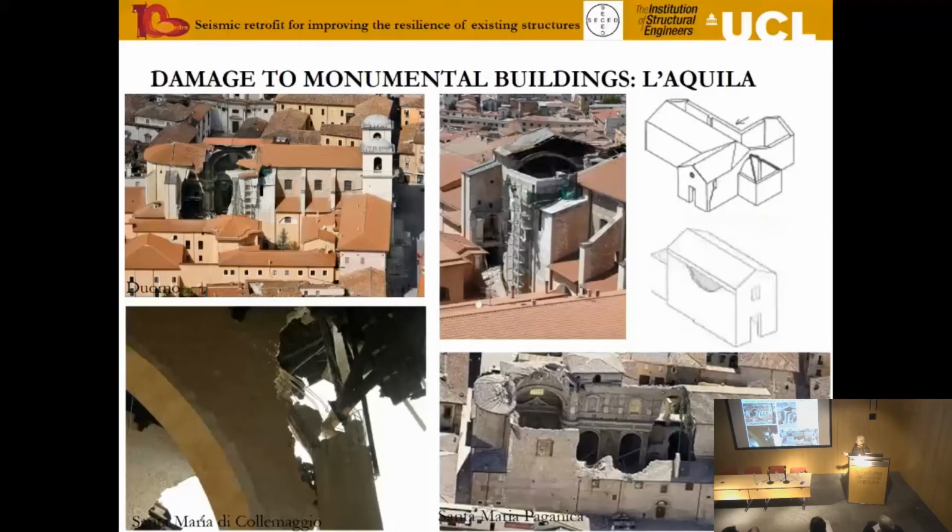They all had their roof retrofitted and their ring beam put in place. This is the major cathedral, this is the Basilica di Collemaggio, and this is the Church of Santa Maria Paganica, and in all three the roof had been retrofitted, and for all three we see exactly the type of damage that we would have predicted without the retrofitting.